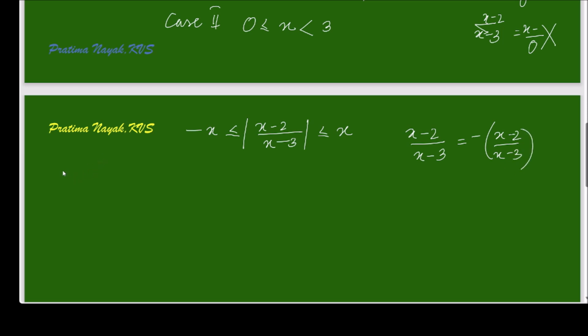So I'll write negative x minus 2 over x minus 3 with a negative sign, less than x. So this is the inequality now.